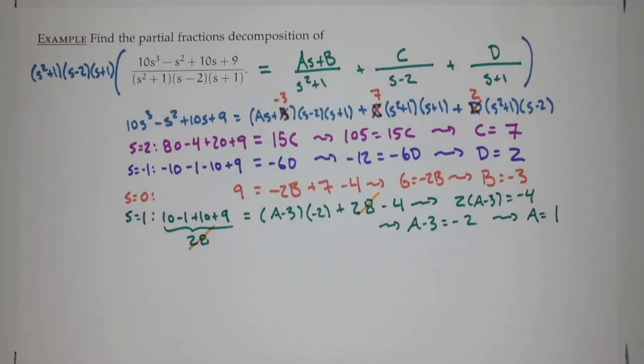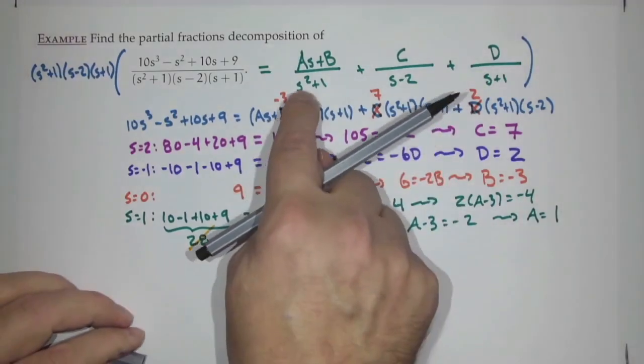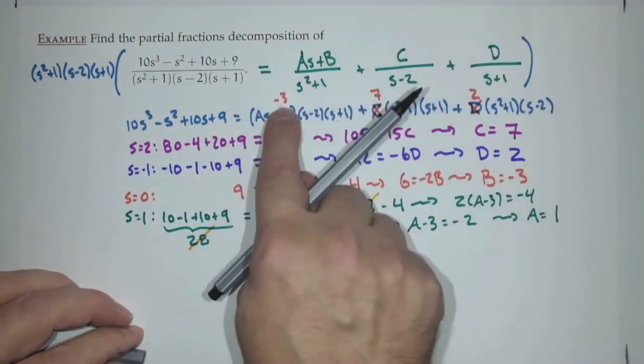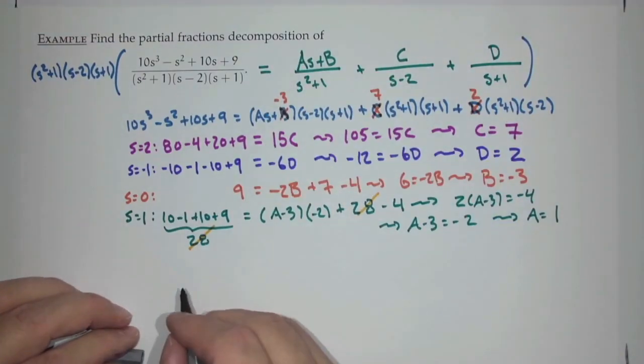But to finish it off, we say we've solved for a, b, c, and d. So our final answer, the partial fractions decomposition, is this expression, but with the right choices for a, b, c, and d put in.